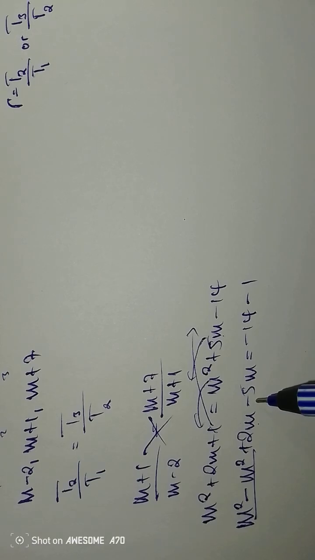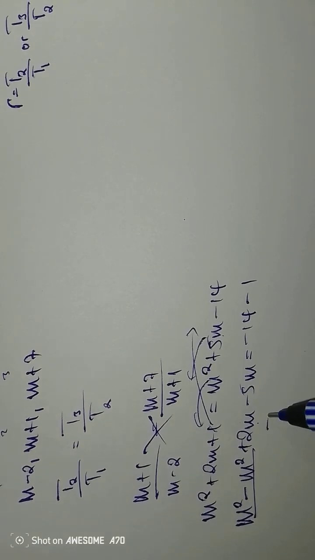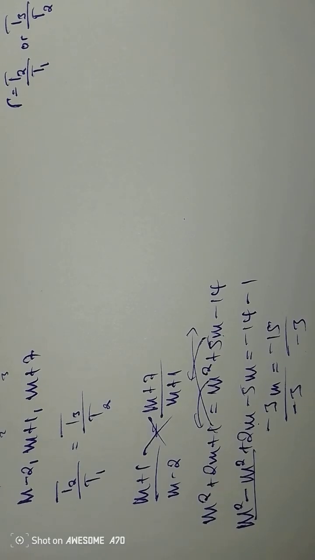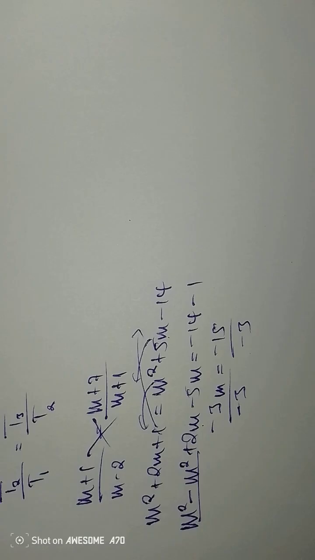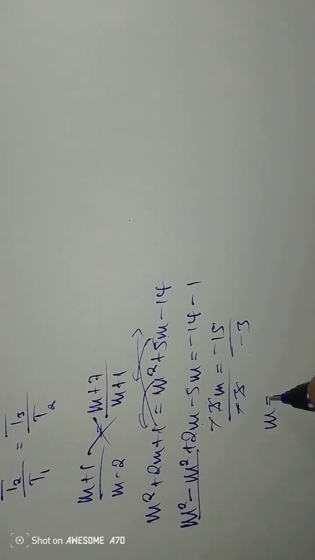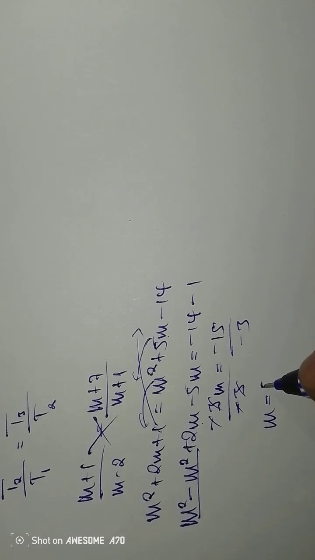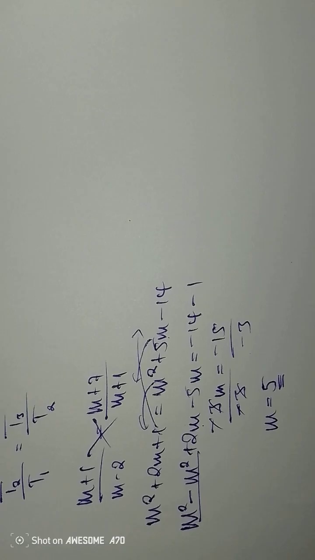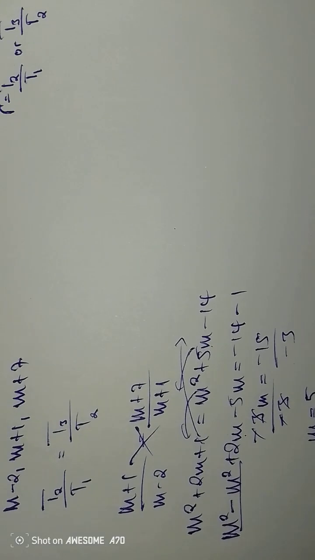Then 2m minus 5m gives a negative 3m, which is equal to negative 15. You divide both sides by negative 3 to find the value of m. Therefore, the value of m is equal to a positive 5. Hope you understand.